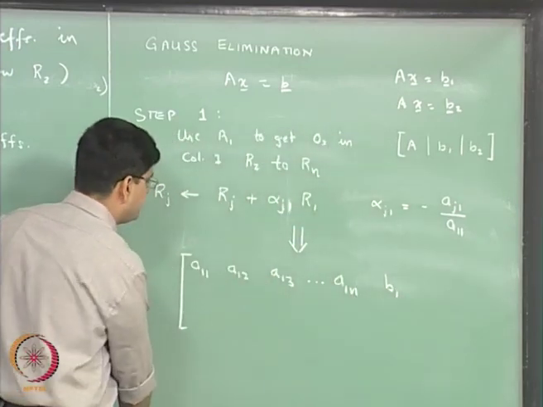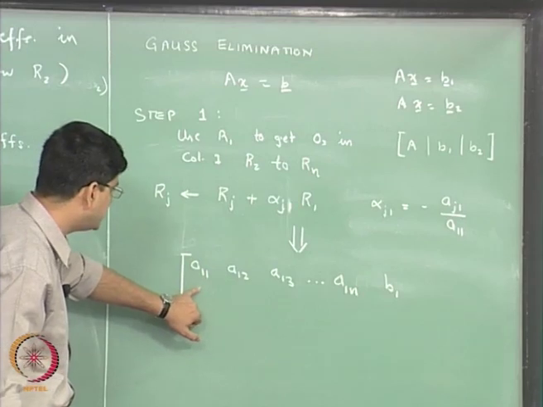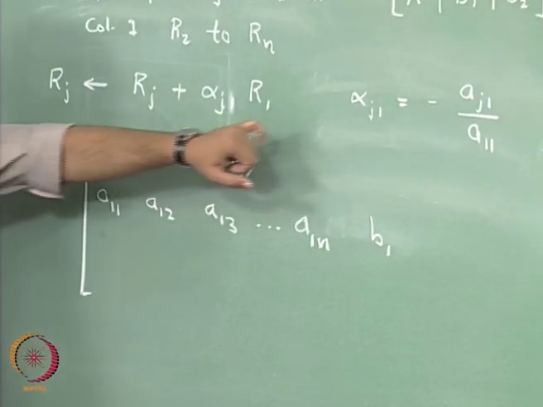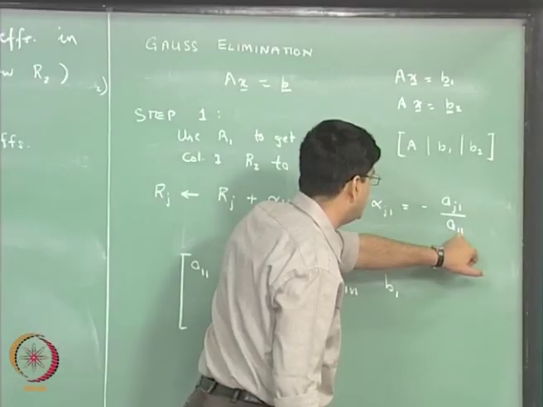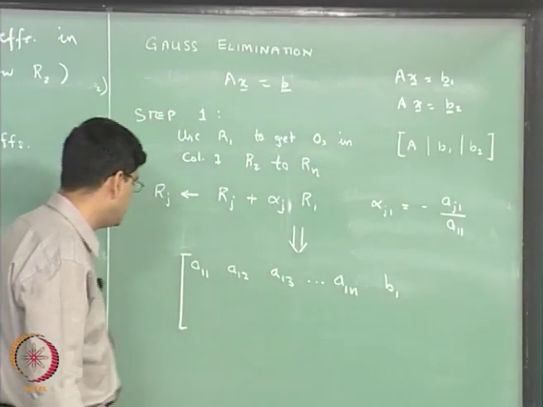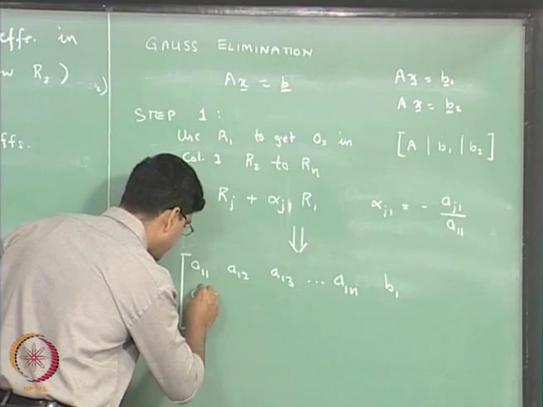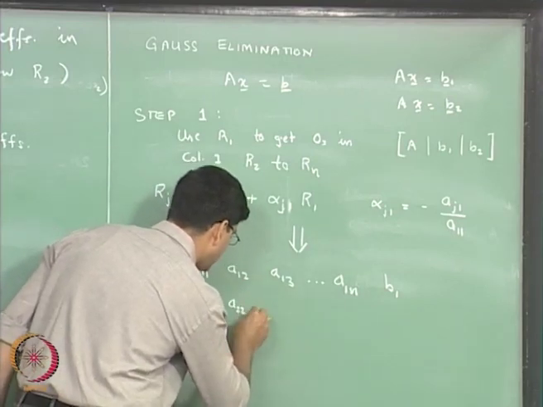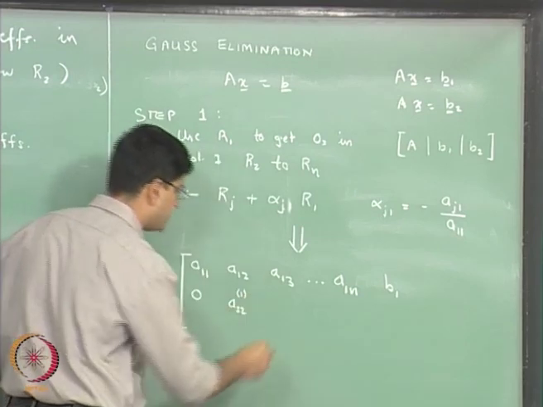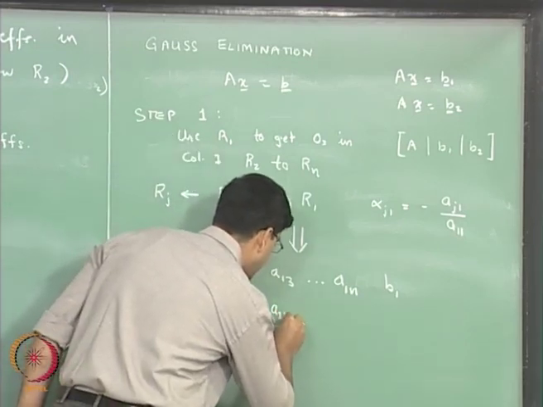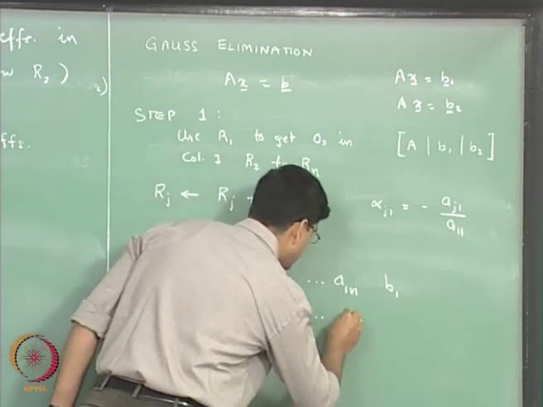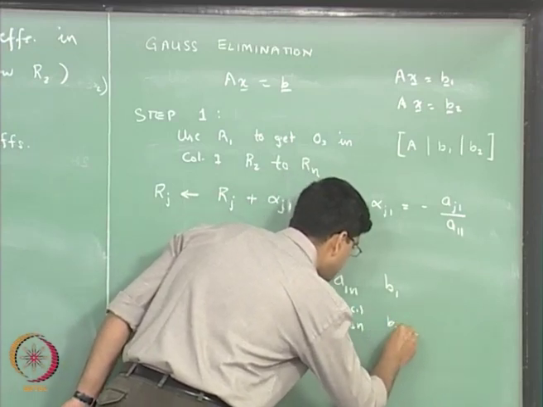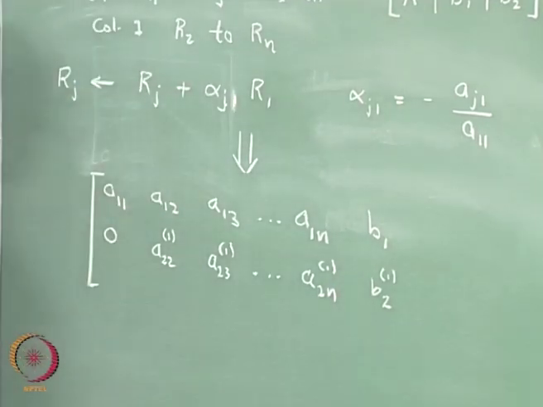Our second row is going to have 0 at this location. We do not have to compute that; simply by using aj1 divided by a11 we are going to get 0 over there. So we will have 0 over here, then a22 after the first operation, a23 after the first operation, and so on up to a2n after the first operation, b2 after the first operation.